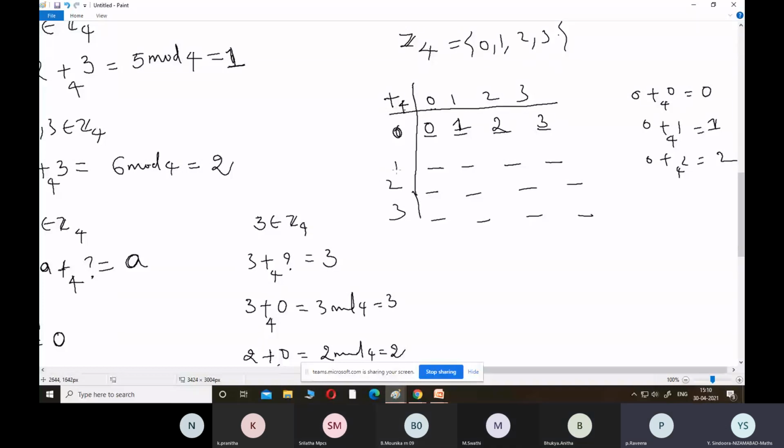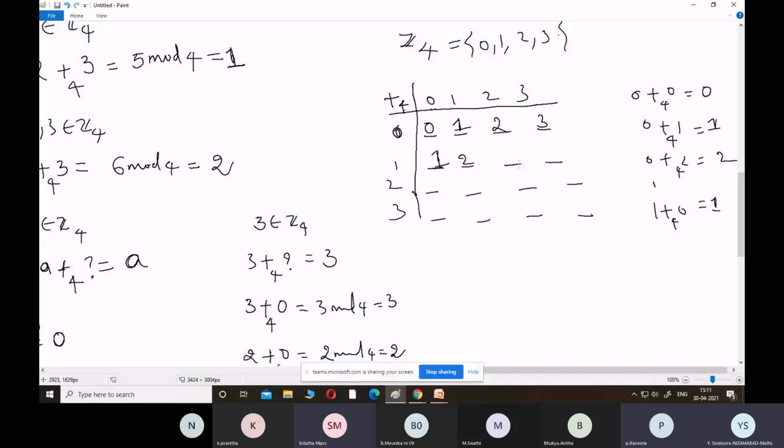Now, what is 1 plus 0 modulo 4? It is 1. Very good. So what is 1 plus 1 modulo 4? 2. What is 1 plus 2 modulo 4? 3.